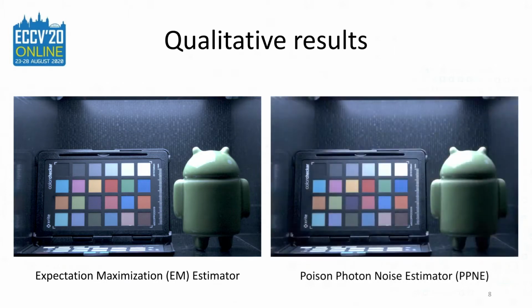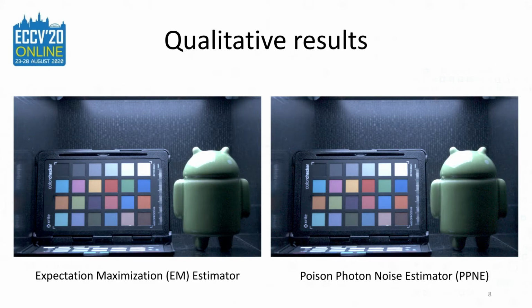The image generated by PPNE is surprisingly robust to the high noise present in low luminance regions, and it is almost indistinguishable from that produced by the more complex iterative EM estimator. A significant advantage of PPNE over the EM estimator is that it does not require knowledge of the noise parameters.